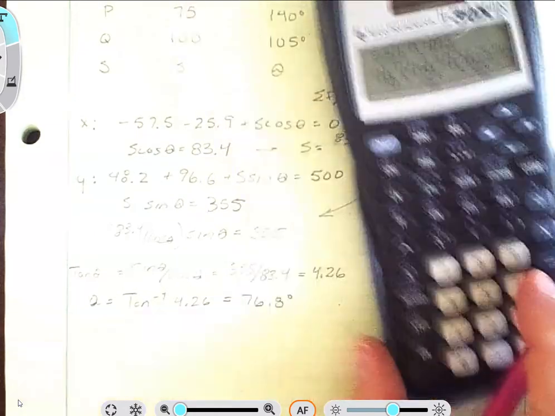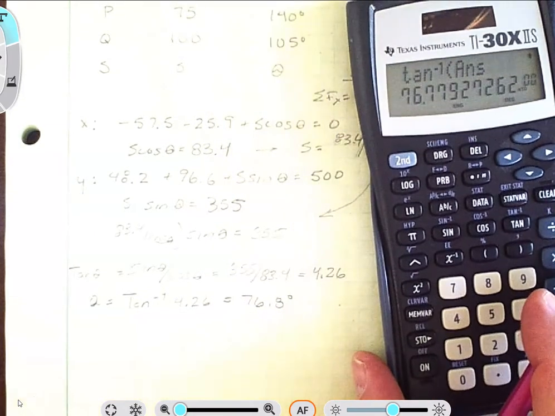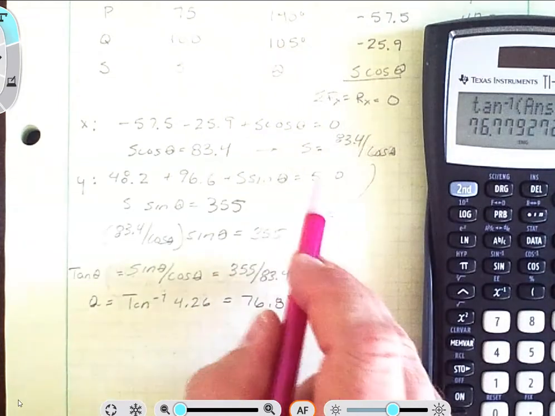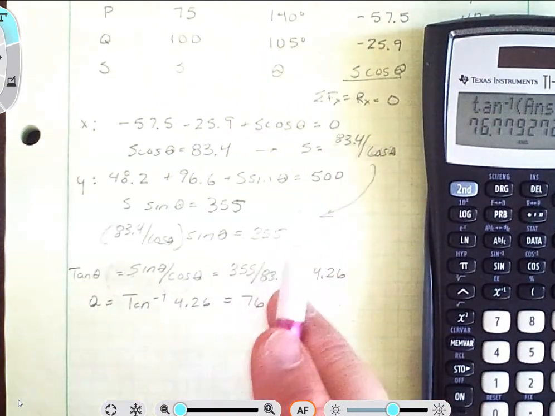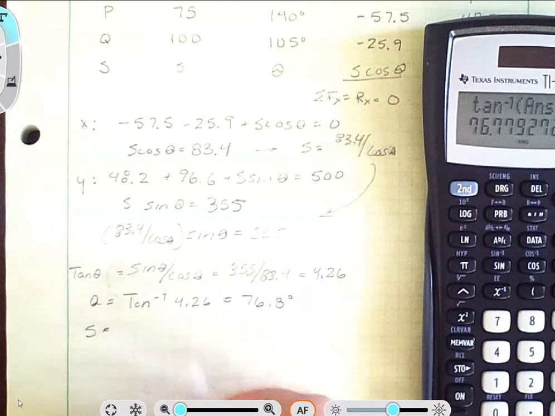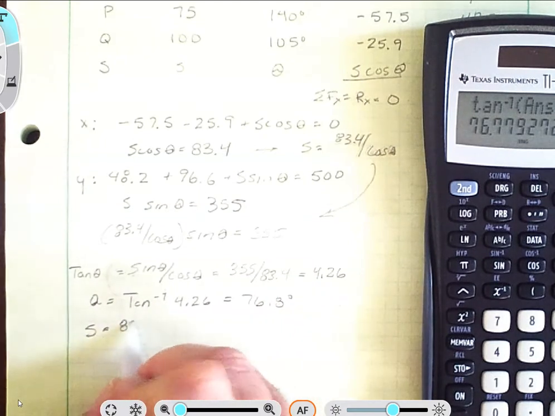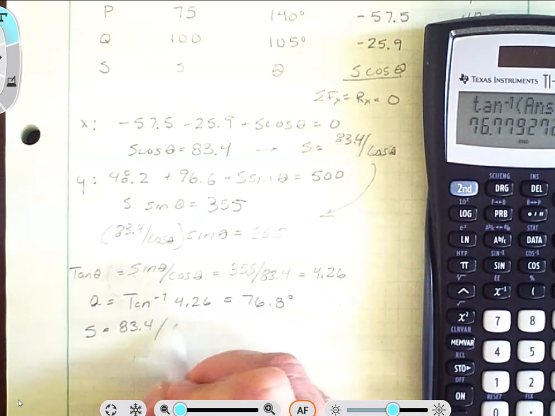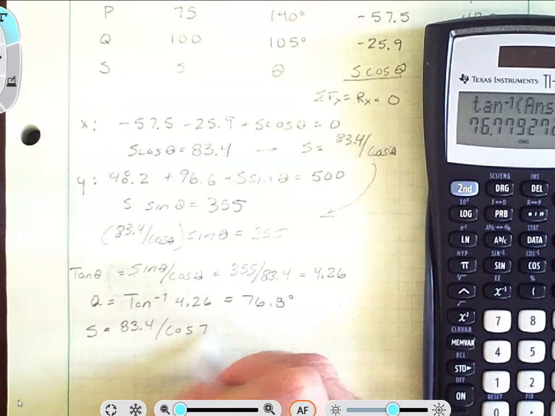And we can then plug that right in above, because keep in mind we have S is equal to 83.4 divided by cosine theta. So we have S is equal to 83.4 divided by the cosine of 76.8.